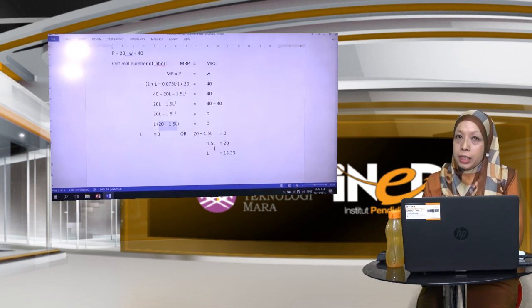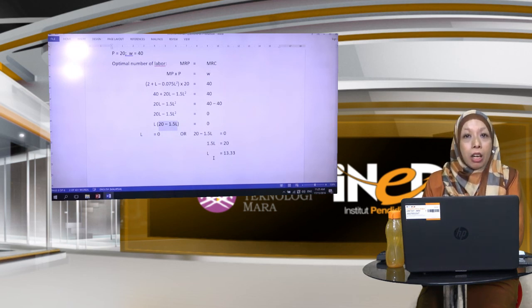You bring L to one side and the figures to the right hand side, and when you solve for L, you're going to get 13.33. So this basically shows you that if you want to get the maximum profit, the optimal number of labor must be equal to 13.